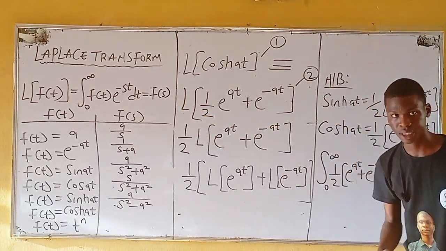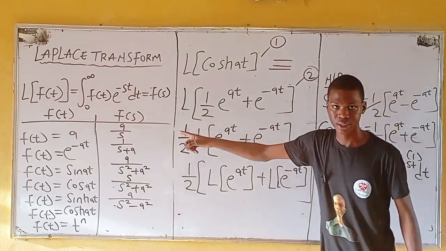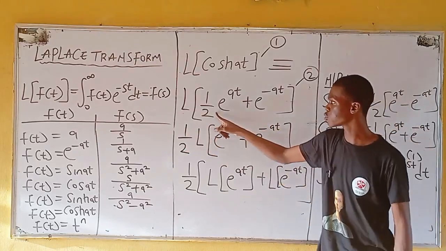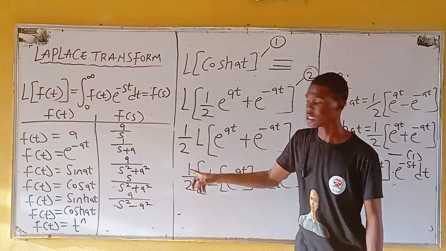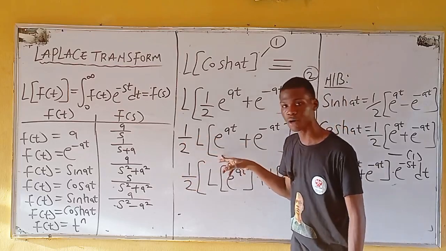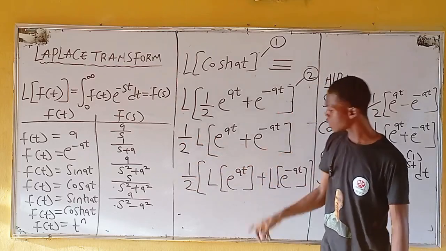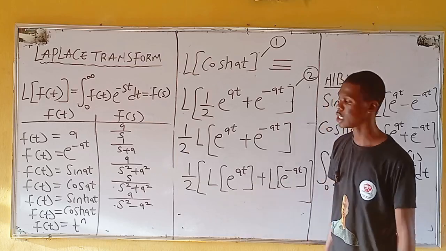That's the first property. The second property is telling you that you can factor out a constant from the function, then take the Laplace. Meaning, in this case, what's your constant? 1 over 2. We factor out 1 over 2. Then we are taking the Laplace of this first function and this second function, right? Now let's answer this. What's the Laplace transform of e to the power of at?